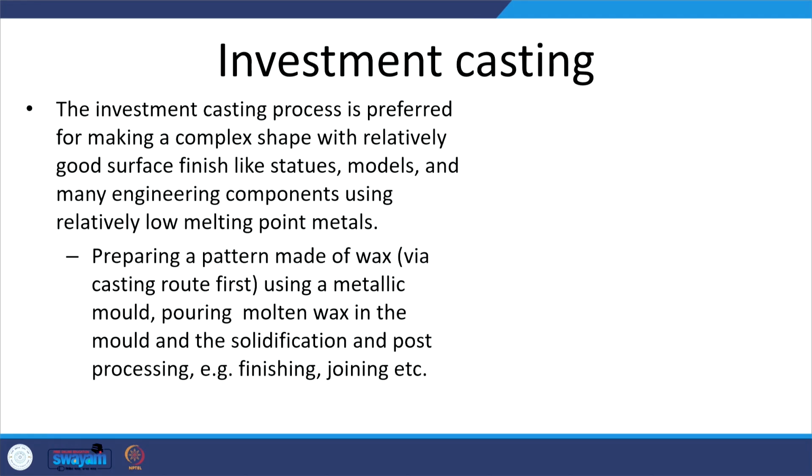So the steps of investment casting go like this: first, preparing the pattern made of wax via the casting route. It uses a metallic mold in which the molten wax is poured.